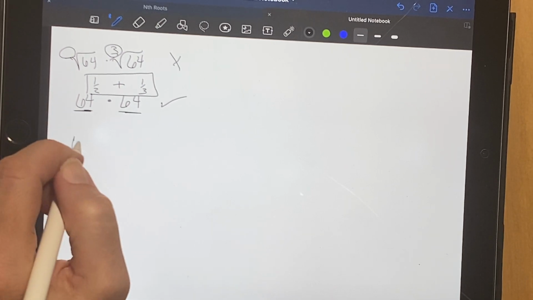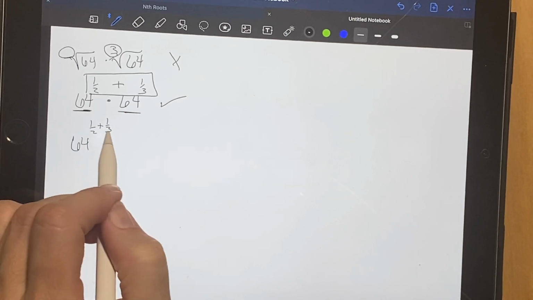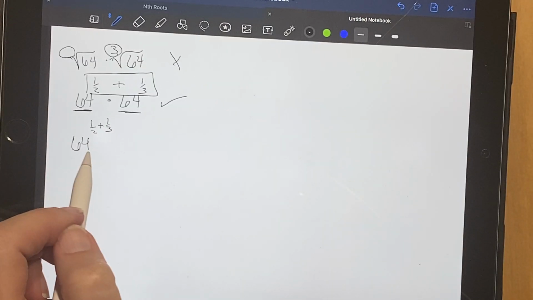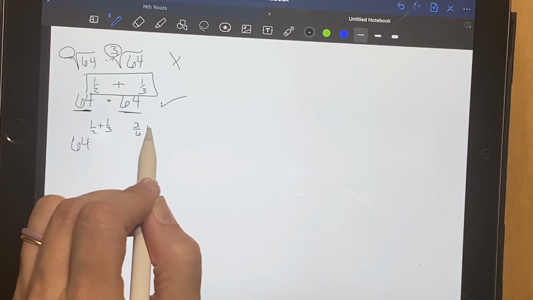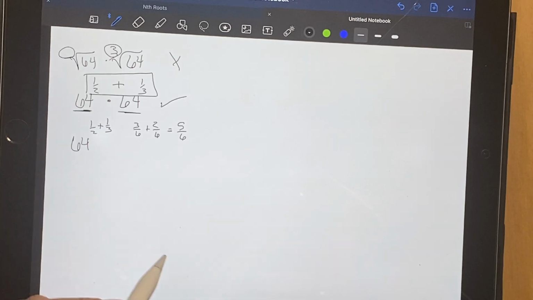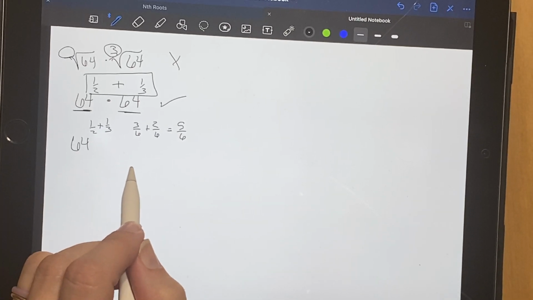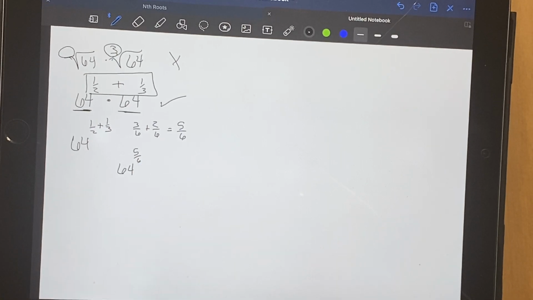So now I have 64 to the 1/2 plus 1/3. Now these are our math rules. Our fractions have to have the same denominator, so that would be 3/6 plus 2/6, which gives me 5/6, right? So I have 64 to the 5/6 in that way, okay?